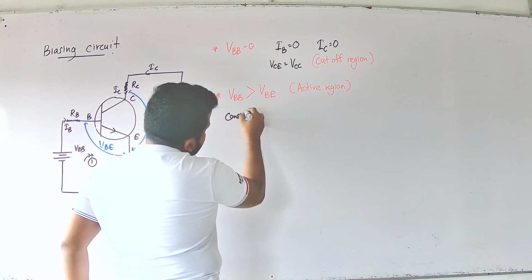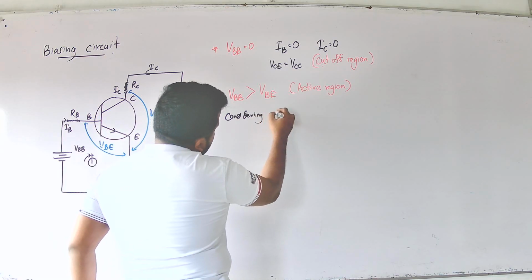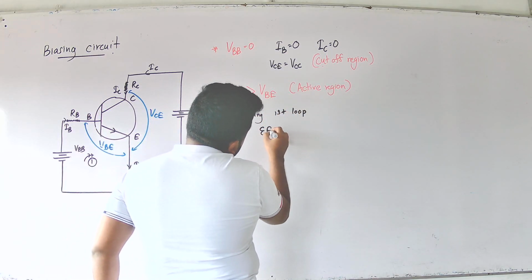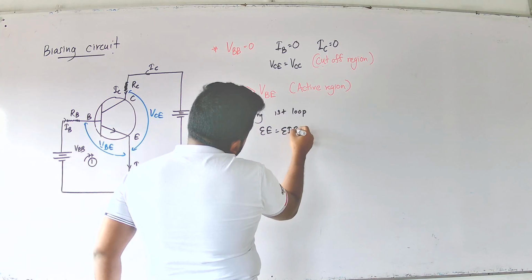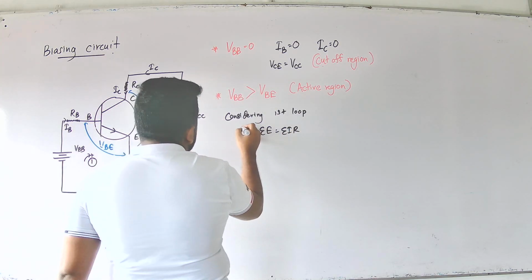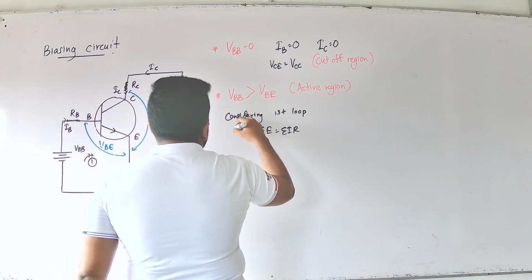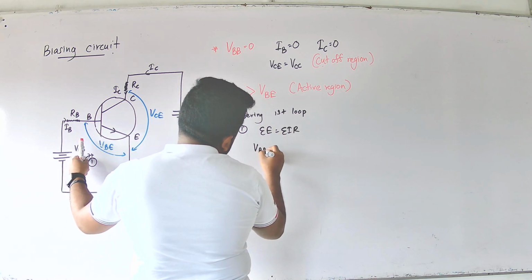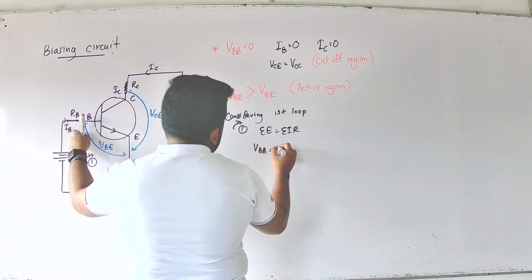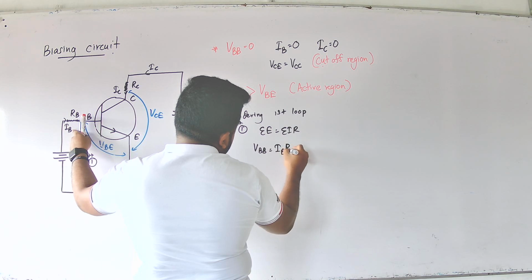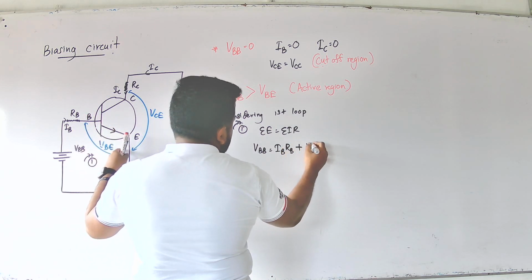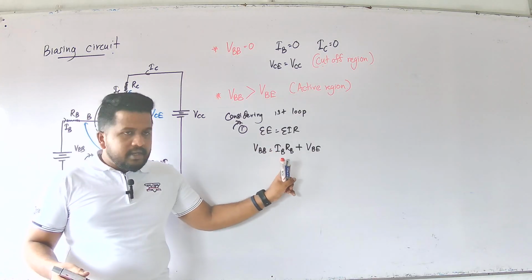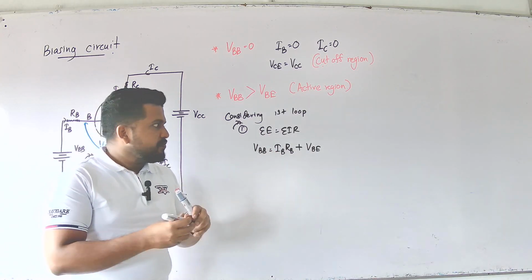Considering the first loop, sigma E equals sigma IR. So VBB equals IB RB plus VBE. So then we can find out the IB, right?